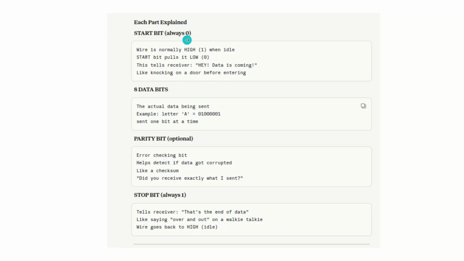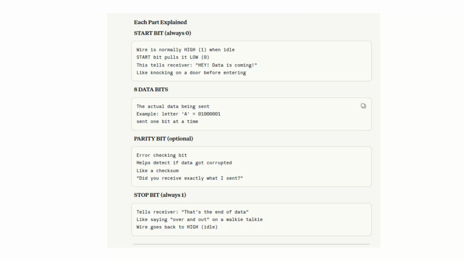That is why we have the start bit low, which tells device B the data is coming. Then we have the 8 data bits, which would be the actual data which is sent. Now we have the parity bit. Parity bit is an optional bit. It is actually used to check if whatever we have sent, the same thing has come to the device B side.